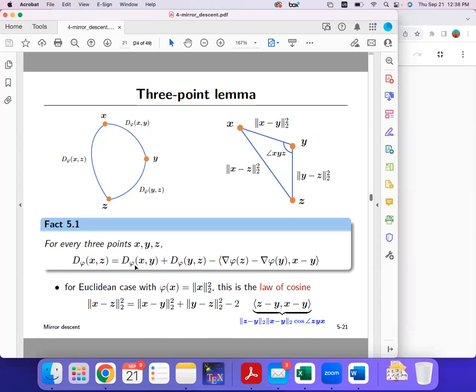This is simply a generalization using the Bregman divergence. To verify that, you simply plug in the definition of Bregman divergence and check that the two sides are equal.